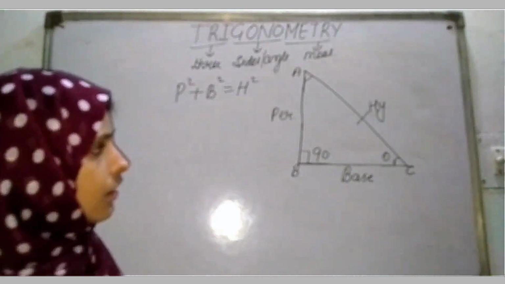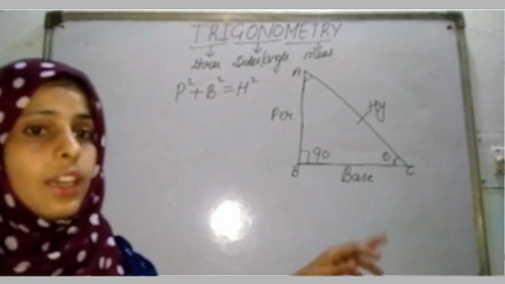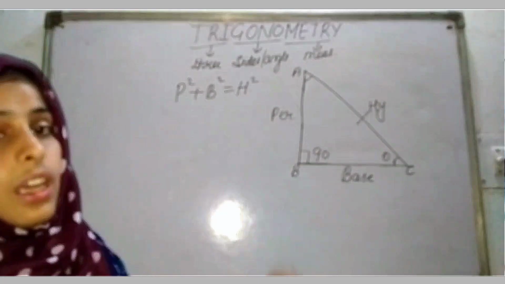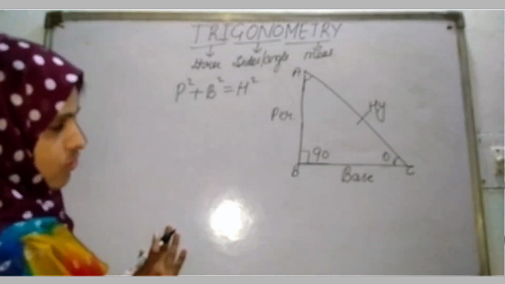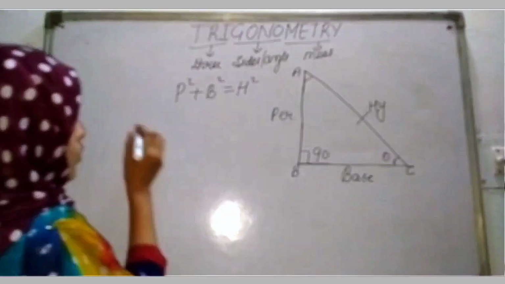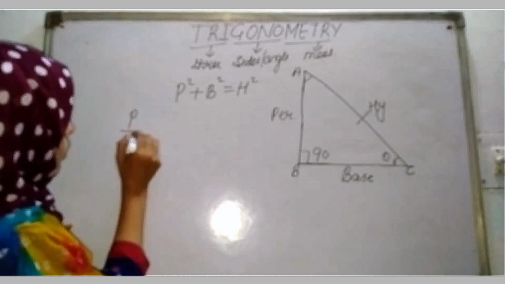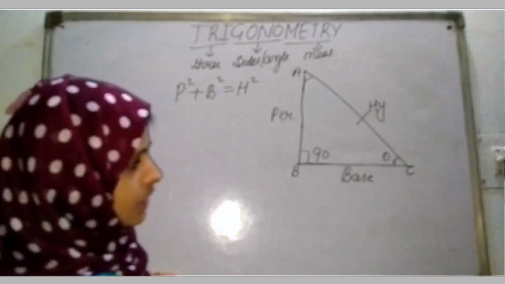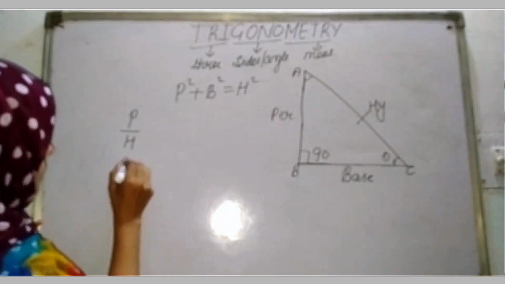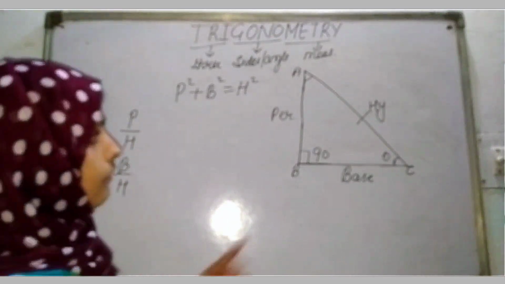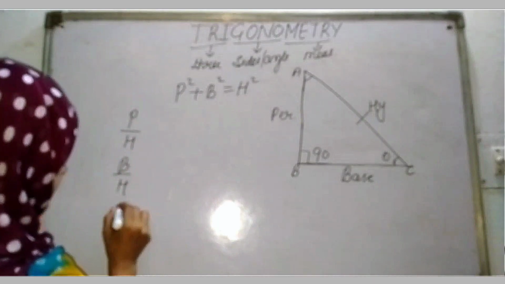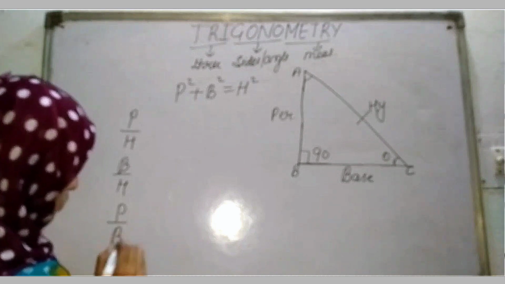Now after all this, we have the ratios of their sides. Ratios of their sides means perpendicular upon hypotenuse is the first possibility, base upon hypotenuse is the second possibility, and if we remove the hypotenuse, the possibility is perpendicular upon base.